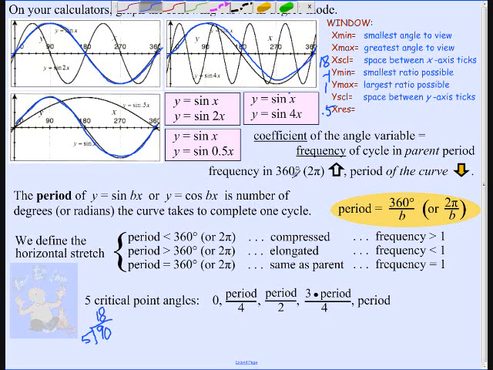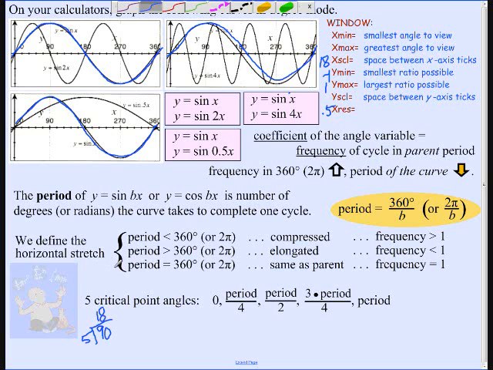Frequency in 360 degrees, when that number goes up, the period of the curve goes down. The period is the number of degrees or radians the curve takes to complete one cycle. So you can put down either in degrees or in radians what the parent graph's period is, and then just divide by whatever this frequency number is.